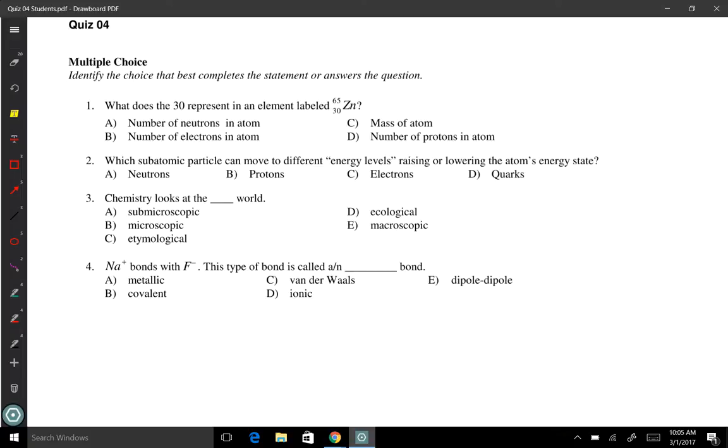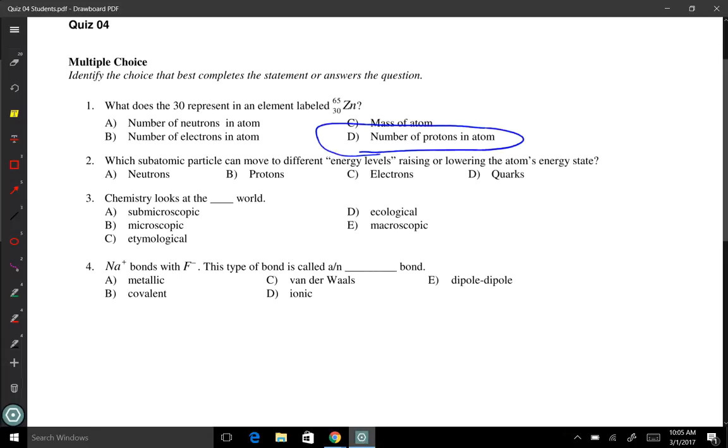Was it B? The correct answer is the number of protons in the atom. That's what it means. Now, remember, we talked about this before, and I forgot.